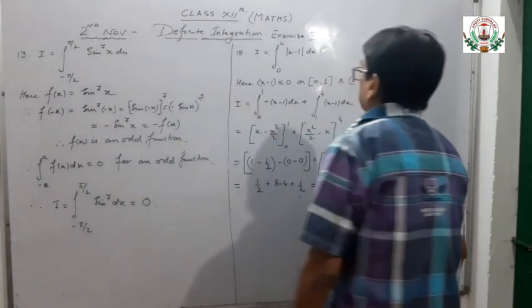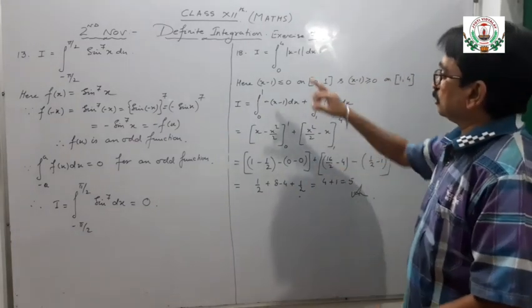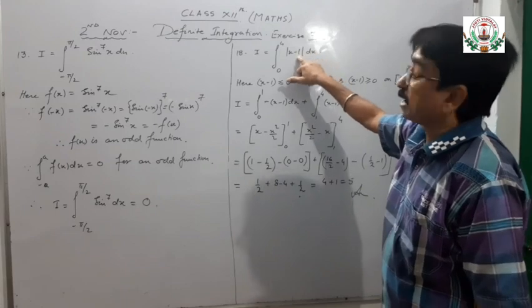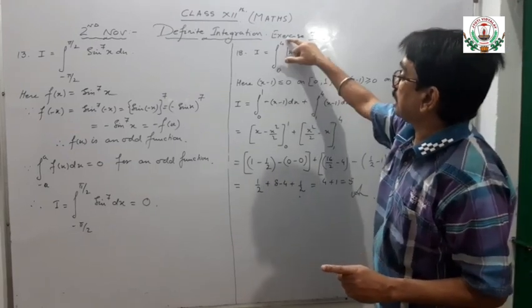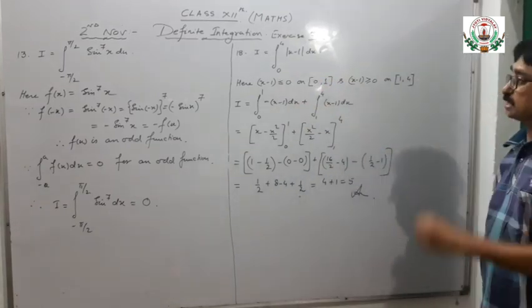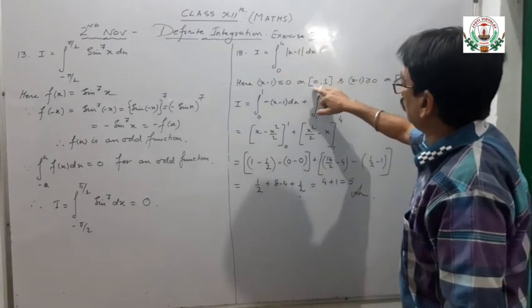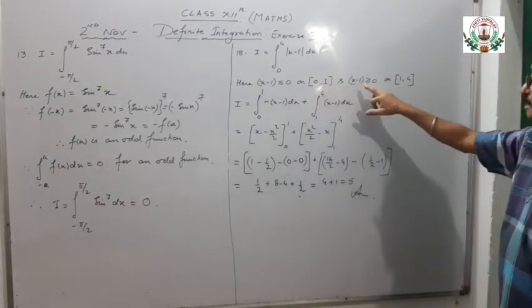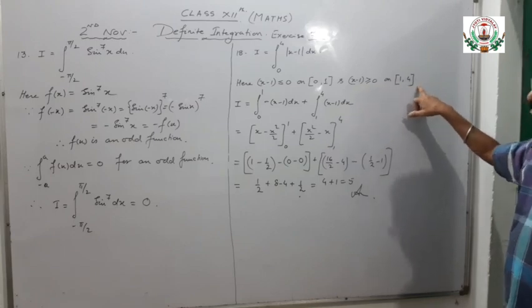Now question number 18, again comes the modulus question. Integration 0 to 4 modulus of x minus 1 dx. Here the value of a is 1. So 1 lies between 0 and 4, between the lower limit and the upper limit. So this modulus function x minus 1 will be less than or equal to 0 for the interval 0 to 1, and it will be greater than or equal to 0 for the interval 1 to 4.